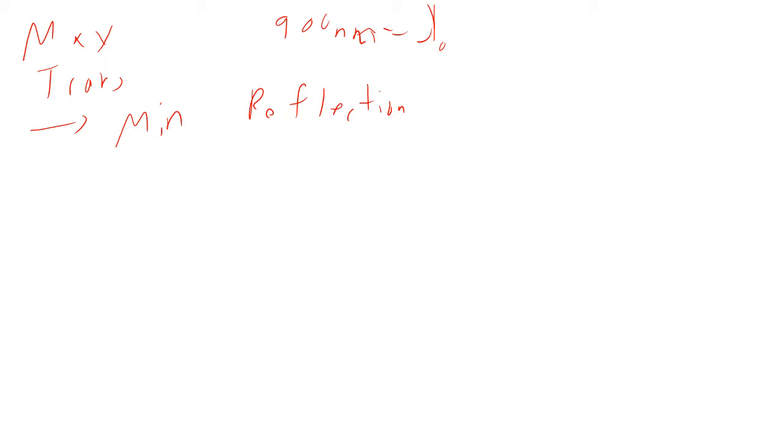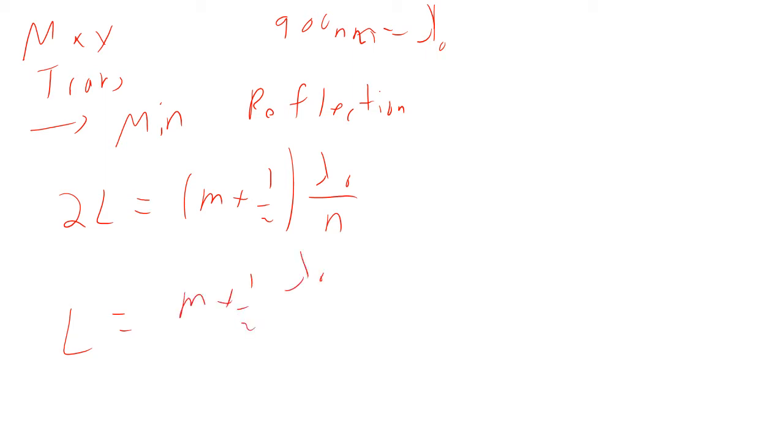It's about the same as the wavelength in air. And so we want to have the minimum reflection. So that means that we want 2L equals (m plus 1/2) lambda naught over n. Okay. So L is going to be equal to (m plus 1/2) lambda naught over 2n.